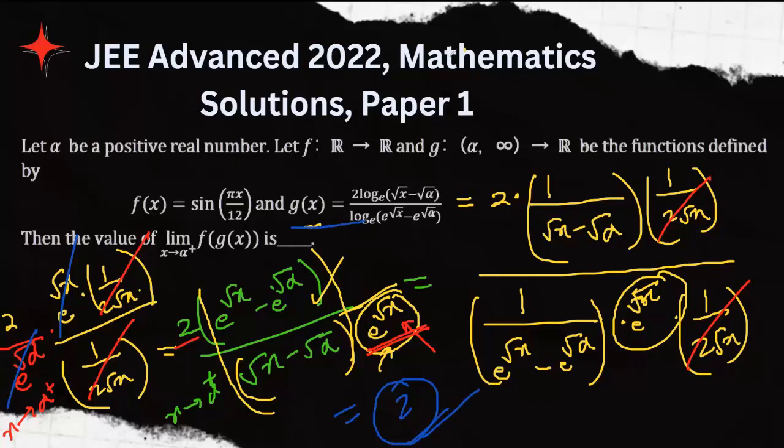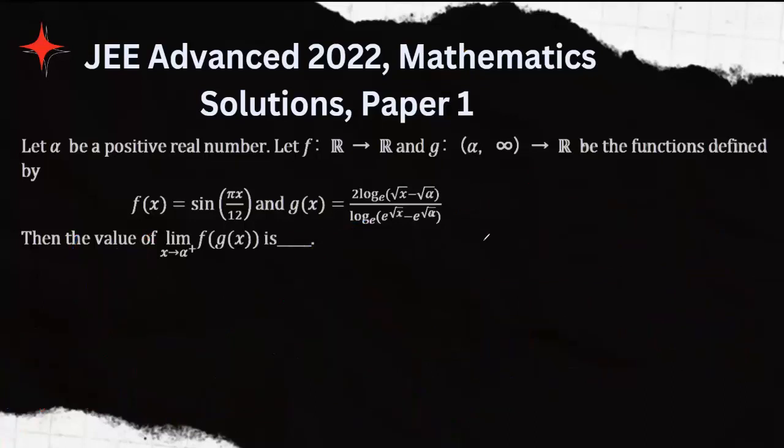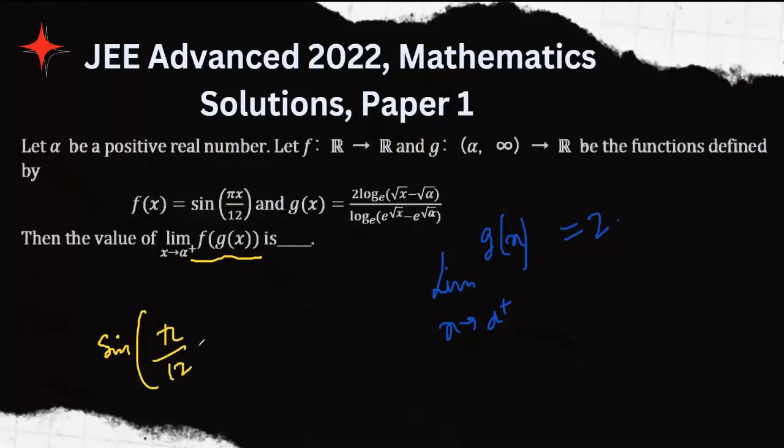Okay. Now we know that the limit of g(x) as x tends to alpha plus is 2. But for this question, what we have to find out is this composite function. So we have to find sine of (pi by 12 times g(x)), where g(x) goes as input for the sine function, and the limit is for x tending to alpha plus.